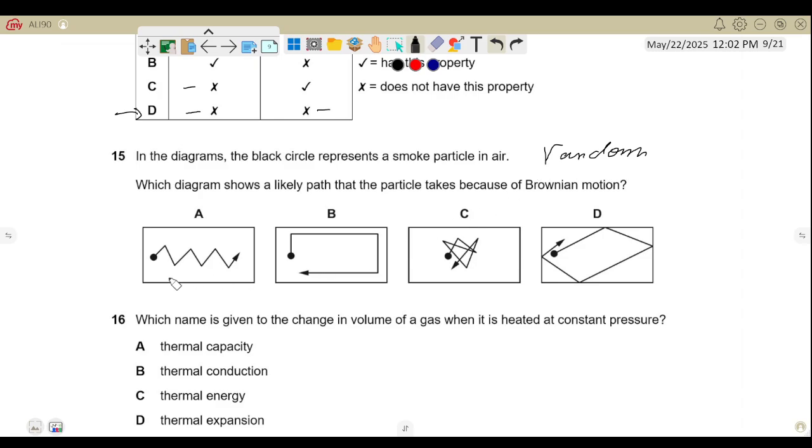When we look at these four examples, the most equivalent for this situation is C. This random motion is caused by collisions between the particle and the air particles. If there are many collisions between these two types of particles, that leads us to observe Brownian motion, or random motion. So C is the answer for our case here.